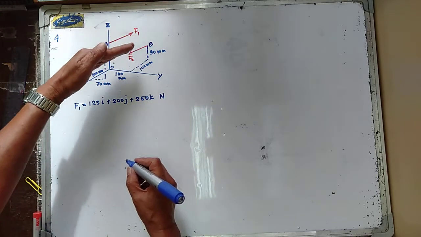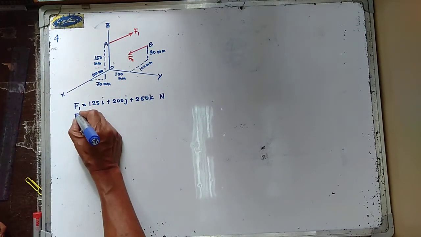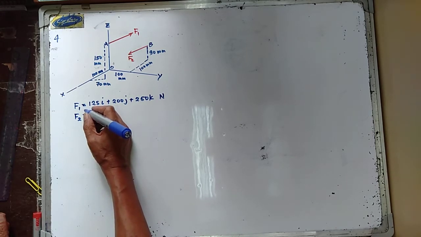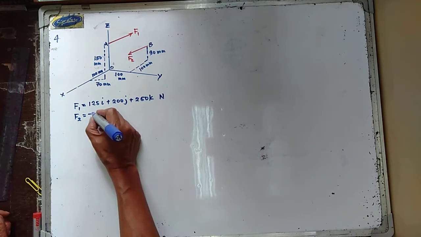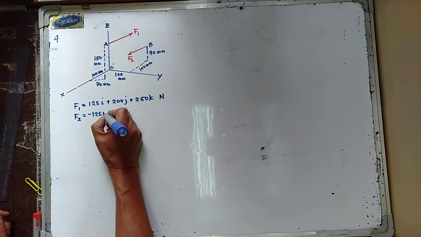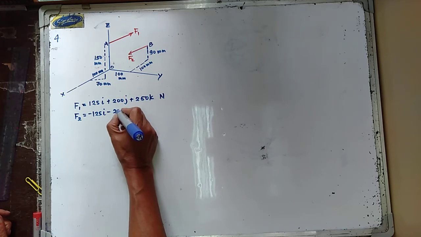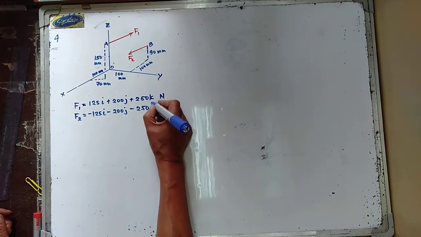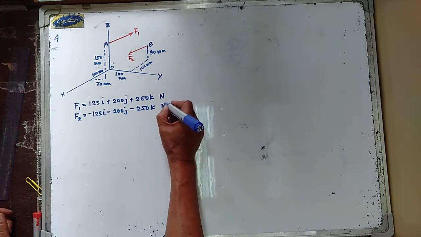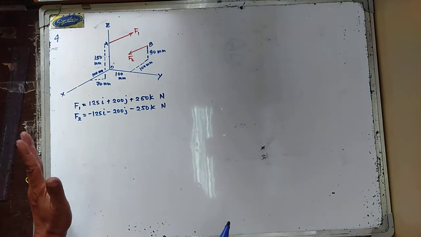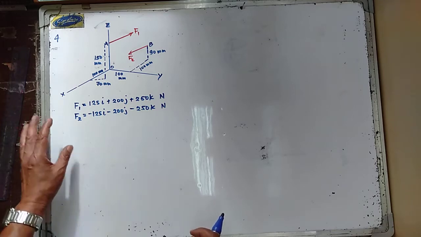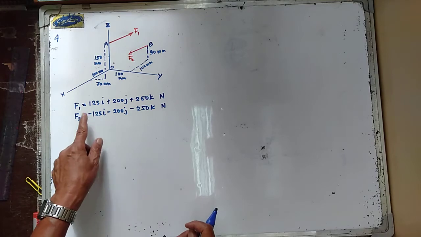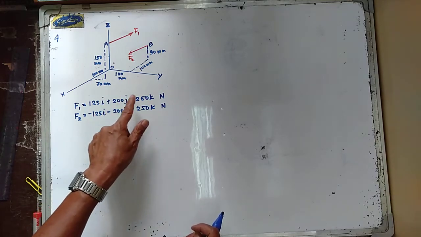And F2 is in the opposite sense, so we have negative 125i minus 200j minus 250k, also in newtons. Take note that their magnitudes are equal but in opposite direction.